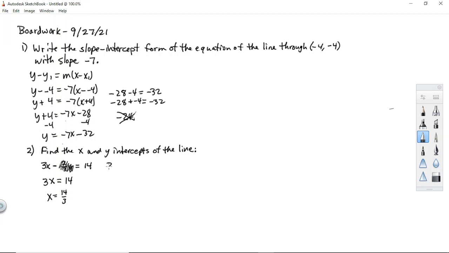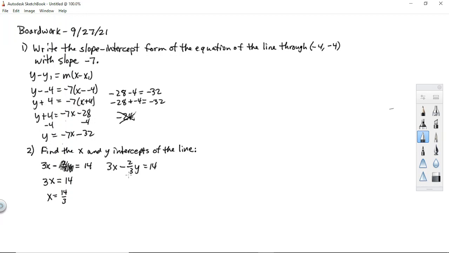Let's look at the y-intercept. So we'll just rewrite it again over here. But this time we're saying, okay, we want to find the y-intercept.